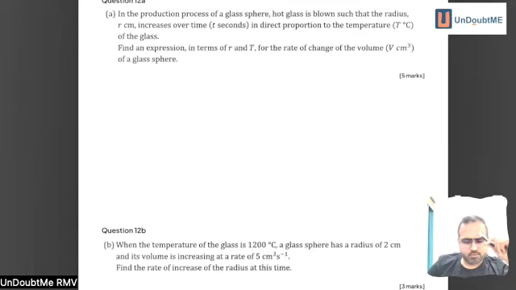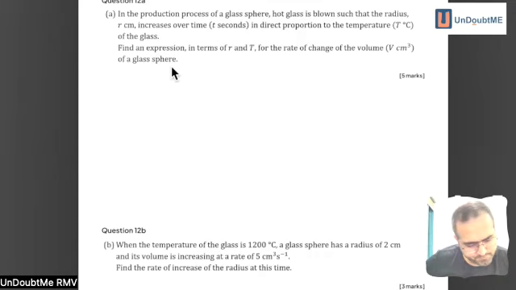So I just did dA by dt is equal to pi bracket 2r times dr by dt. Is that right? Okay, it seems correct. I want to know what others have done.